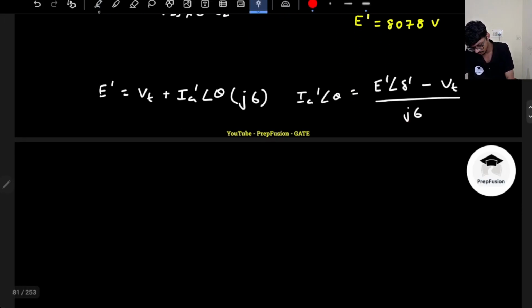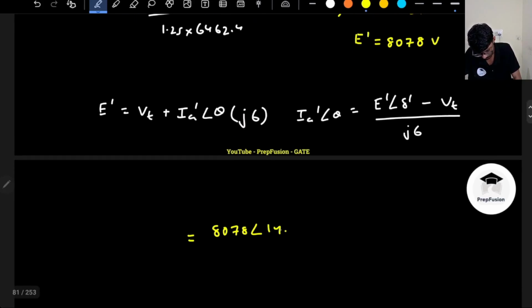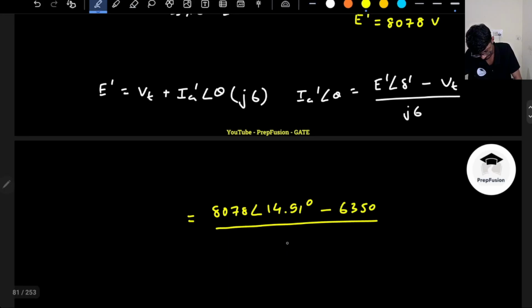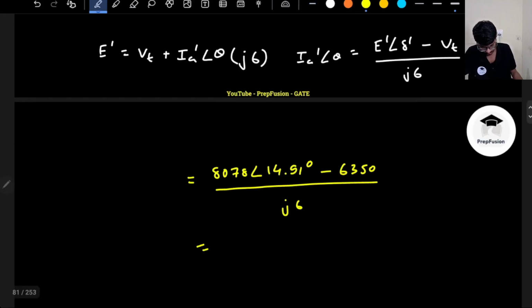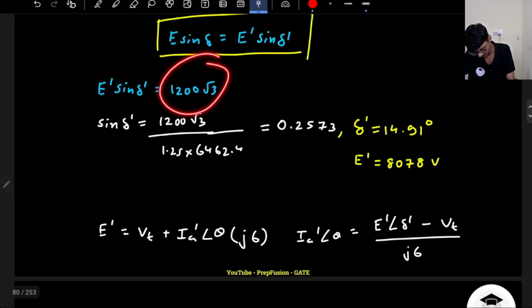So this will be 8078 angle 14.91 degrees minus 6350, divided by J6. Solving, this will be 8078 into cos of 14.91, which is 7806, minus 6350, so this is 1456, plus J times E dash sine delta dash, which will be the same value, 1200 root 3, this will not change.